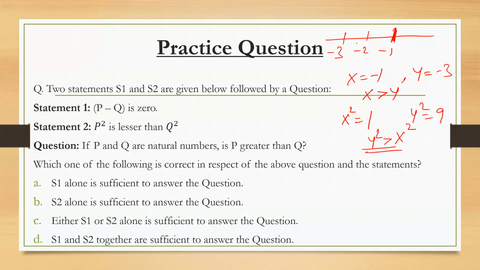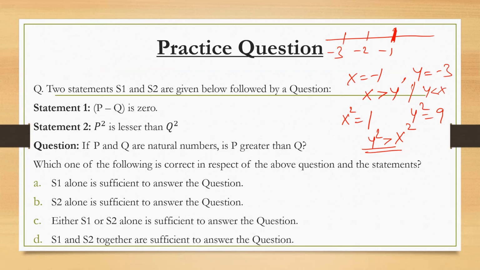So this is an observation you should all note down clearly, because when there are two negative numbers, the squares of the same change their signs also. Here it was y is less than x, that was the sign, and here the squaring of it makes y square greater than x square. Is this clear, everyone?